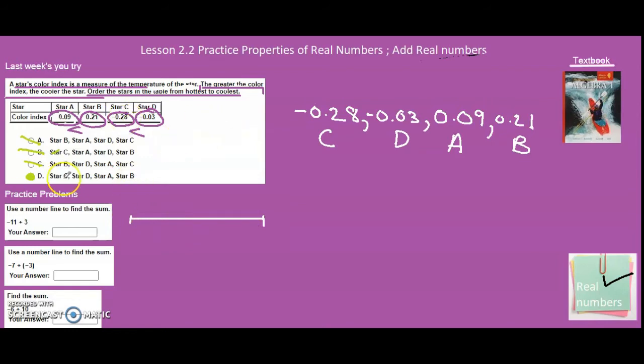And we know that we need to include 0 in here somewhere. We can tell that the numbers we're using for this question are negative 11 and 3. Since we're dealing with a positive integer and a negative integer, we're going to put the 0 in the middle.